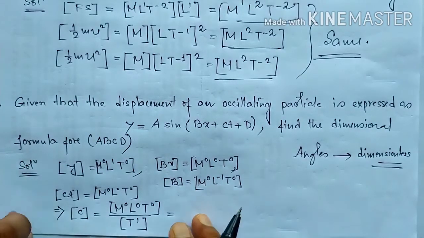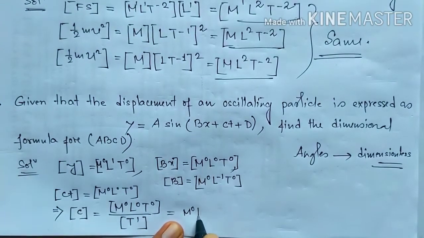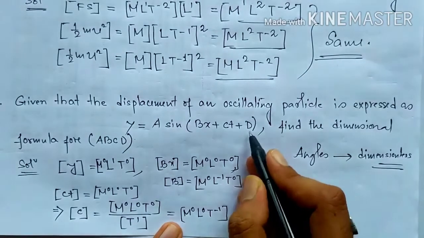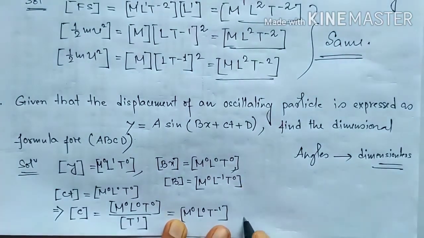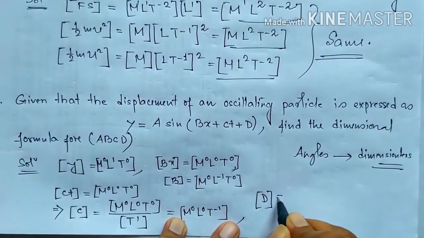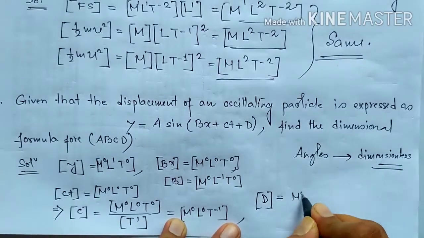So the dimension of c is M to the power 0, L to the power 0, T to the power minus 1. What will be the dimension of d? You can imagine just by looking at it, it will be completely dimensionless because it is again a part of the angle.